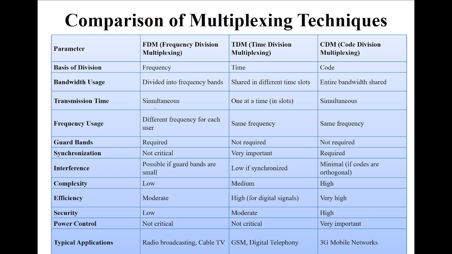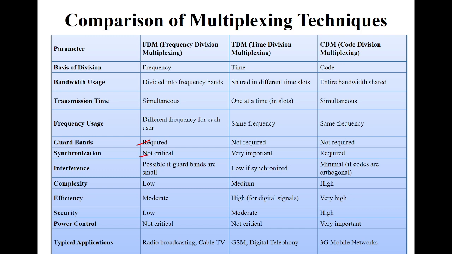Transmission time: simultaneous, one at a time, simultaneous. Frequency usage: different frequency for each user, same frequency, same frequency. Guard bands: a guard band is only required in FDM. TDM and CDM do not require guard bands.